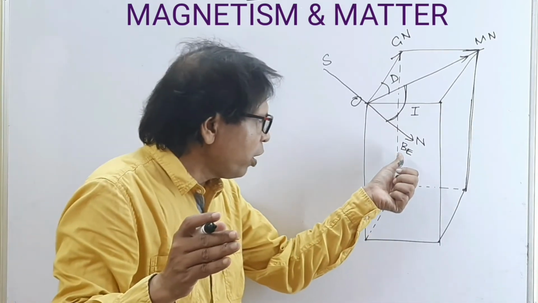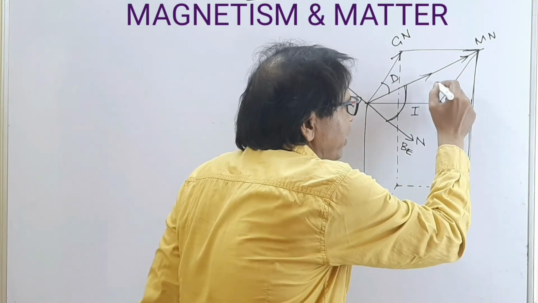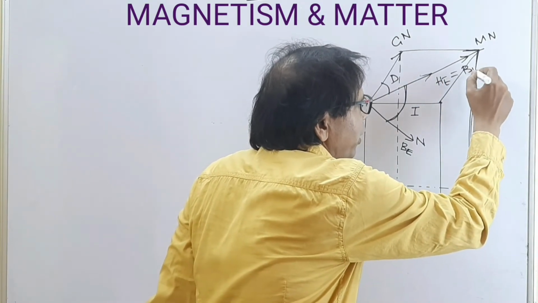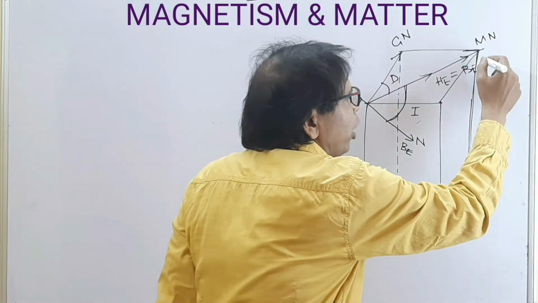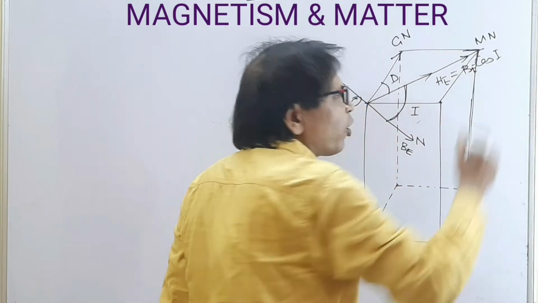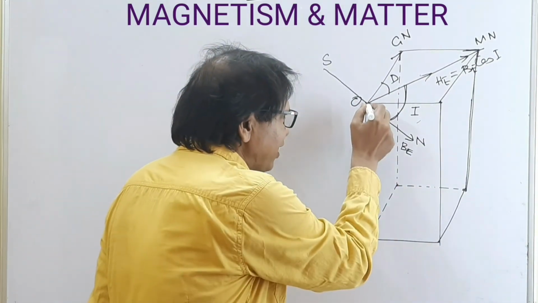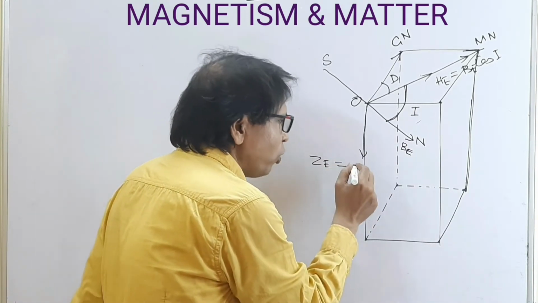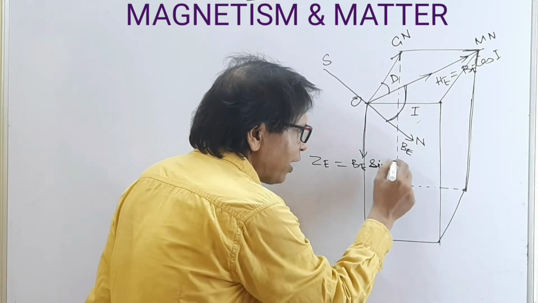Okay, so the horizontal component of this along this direction, this is the HE equal to BE into cosine of angle of inclination. So this is the cosine. Understood? And its vertical component, look at this, this is the vertical. Now its vertical component ZE equal to BE sine of angle of inclination.